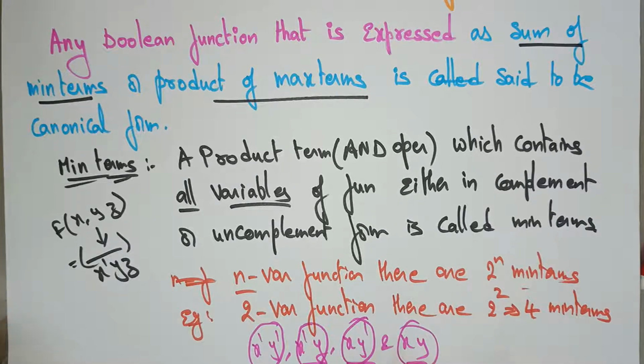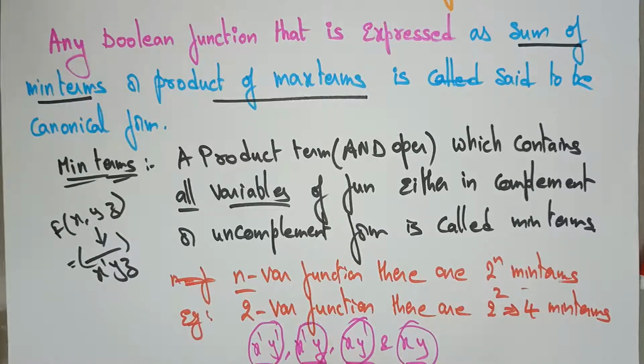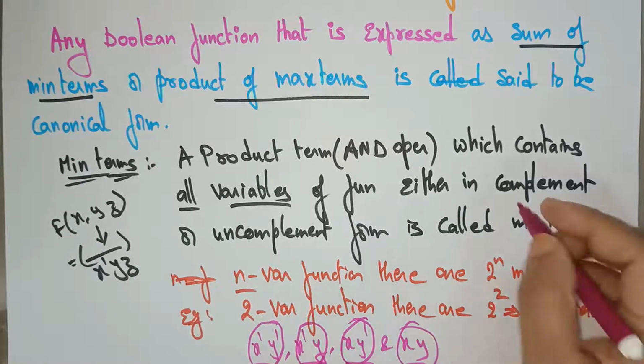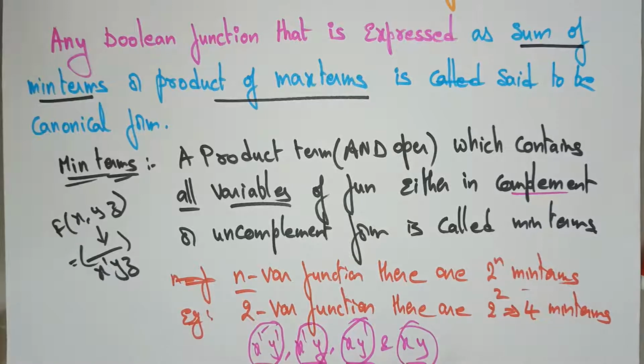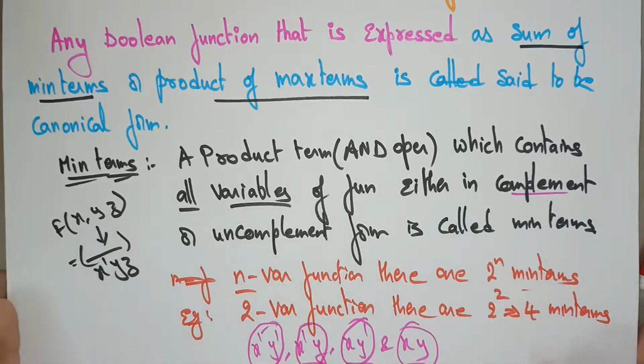A product term which contains all variables of the function either in complement form, this is a complement, or uncomplement form, anything, that term you call a min term. I think you get clarity on min term. A min term is nothing but a product term which contains all variables of the function either in complement or uncomplement form.